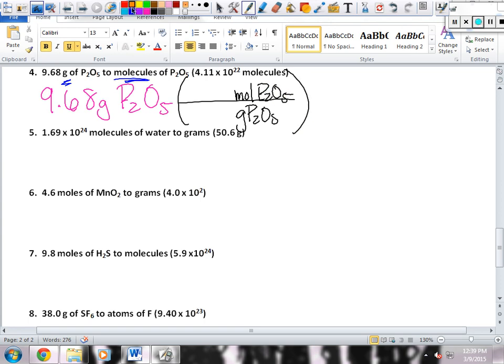Now, I know that grams of P2O5 is going to cancel out unit-wise, leaving me with moles. I do not want moles, so I need to get rid of them. So I'm going to go from moles of P2O5 to molecules of P2O5.